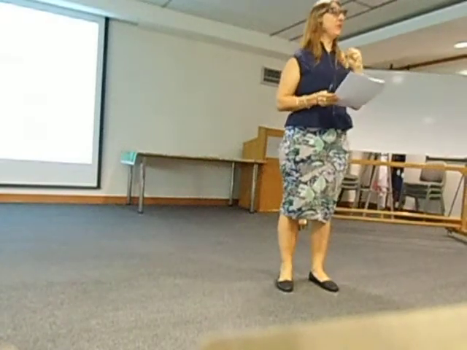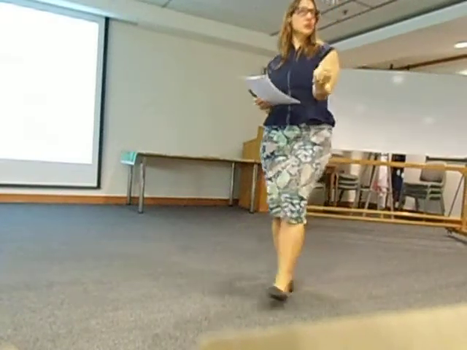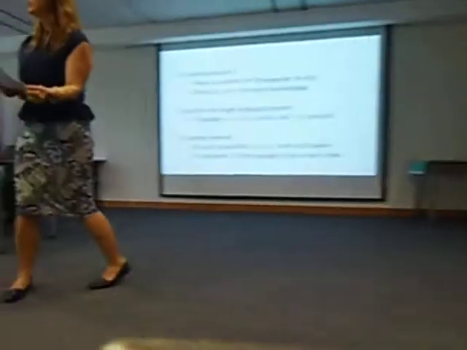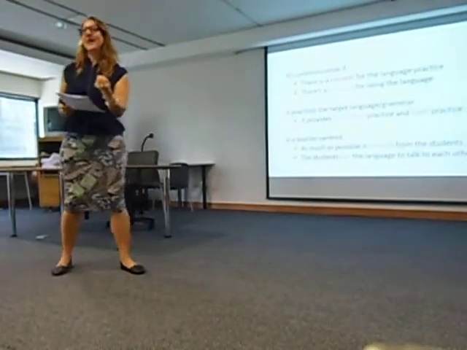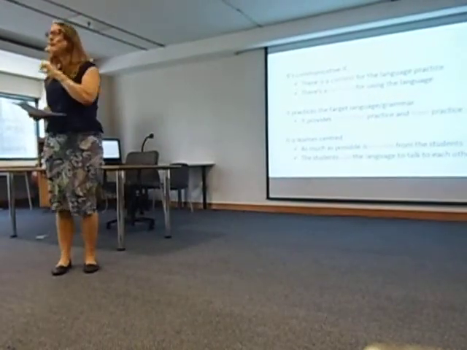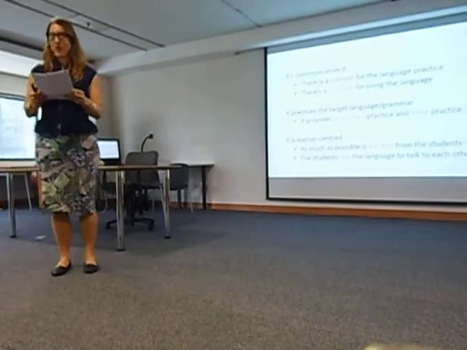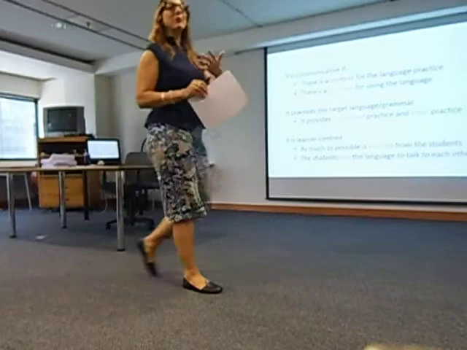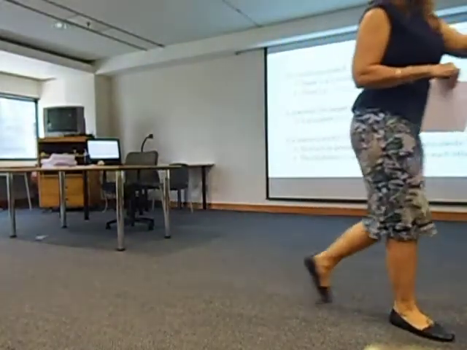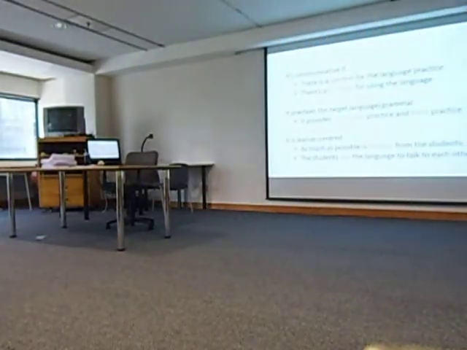So maybe the learners have to think about the correct verb tense to use, or they have to think of the vocabulary to use themselves. It's not provided to them. And it's really free if there is no language provided for the learners to read. They have to use their own knowledge and their own skills to communicate. Okay?